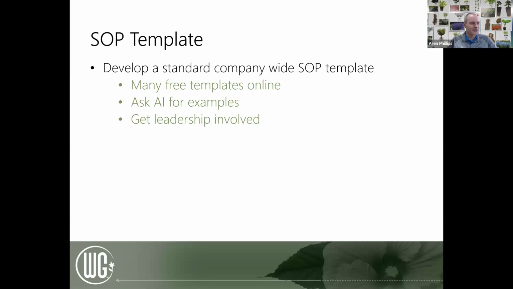Ask AI for examples. It will do that search for you, and it will come up with a consolidated list, and then you can see what's up. And then also get your leadership involved. So I mentioned our HR department, our executive team. This is a crucial step when you're talking about a company-wide SOP.